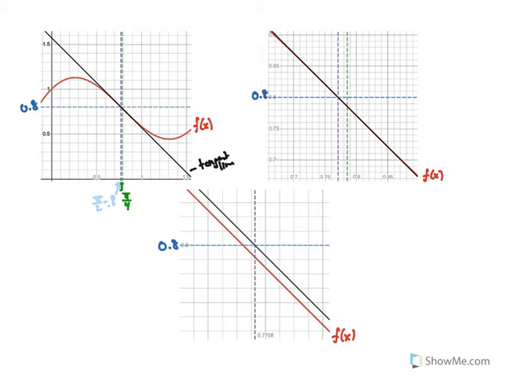So we can kind of see, if we zoom in on this graph, it looks like the tangent line and the function are the exact same line. But if you zoom in even further, there is some separation. We can see that this is what we found here, setting our tangent line equal to 0.8.